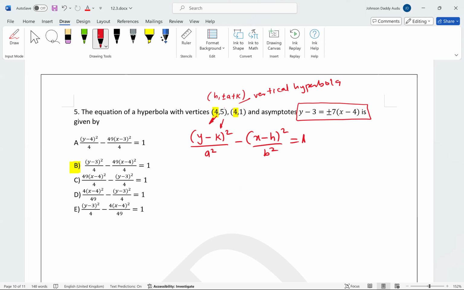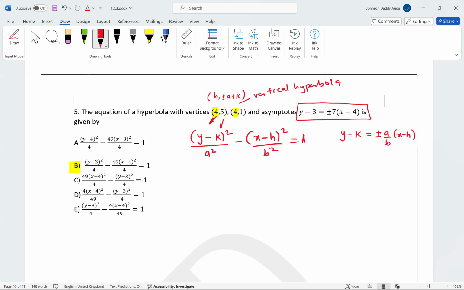And what is the formula for asymptotes? It is always y minus k equals plus minus, then x minus h. Since we're dealing with a vertical hyperbola, this is just going to be a over b, then x minus h.